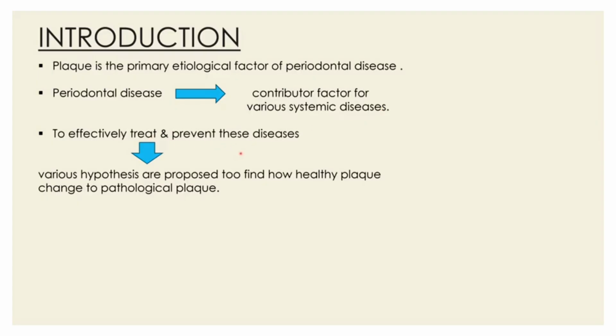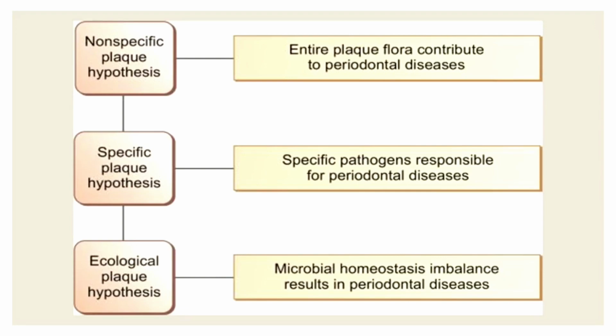To effectively treat and prevent these diseases, various hypotheses have been proposed to explain how healthy plaque can change into pathological plaque. Let's see the different types of plaque hypotheses. Let's see a brief description of all of them. The first is the non-specific plaque hypothesis.